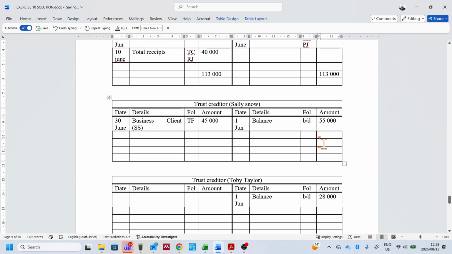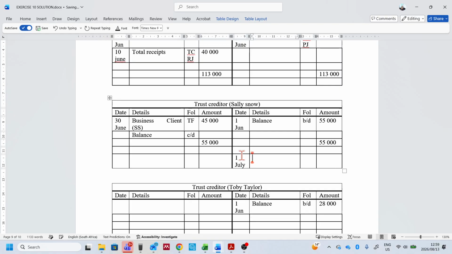Then the bigger side is which side? The credit side, because there are no other transactions. So this means that the smaller side will have what? Balance carried down. This means that when we start the 1st of July, this person will be owing him or holding on his behalf.